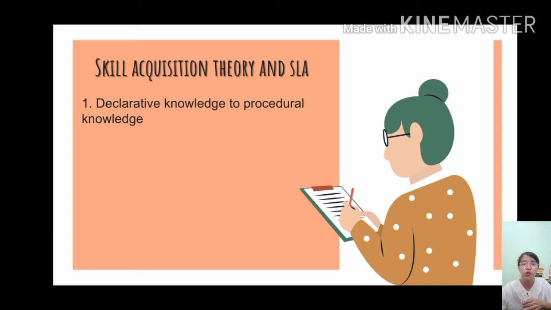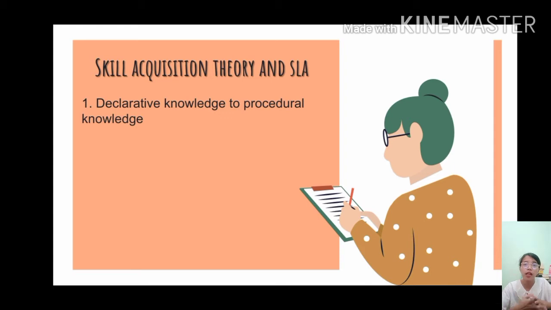Skill acquisition theory, as the name would suggest, should be based on skills. But this theory puts emphasis on the importance of explicit declarative knowledge during the initial stages of learning.